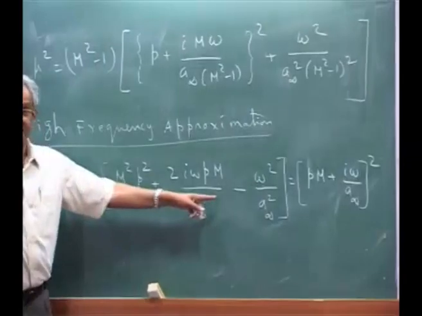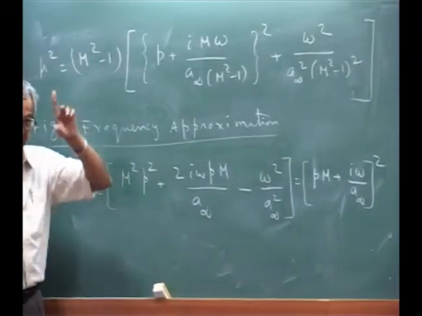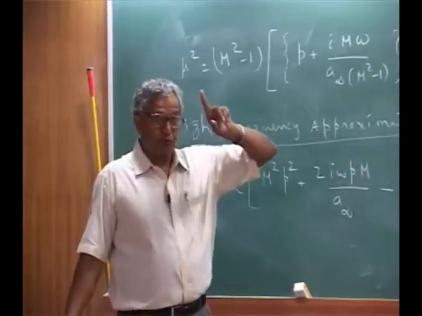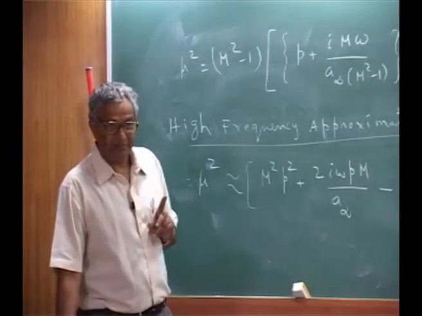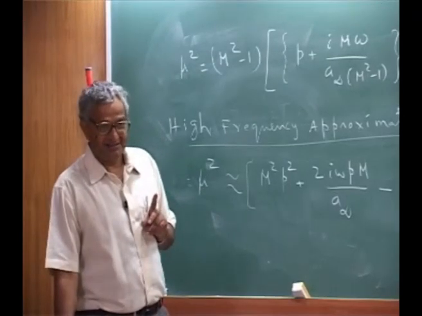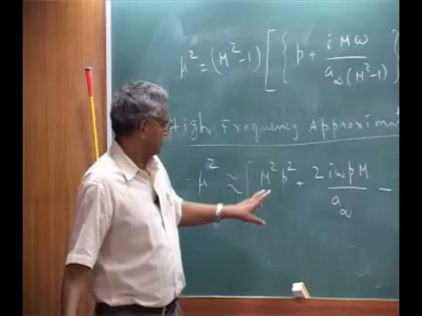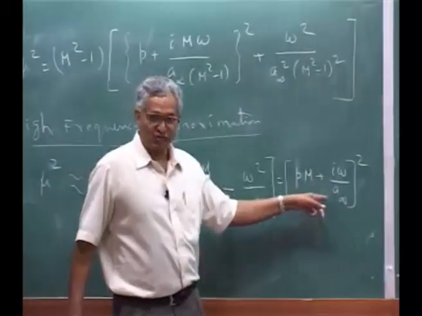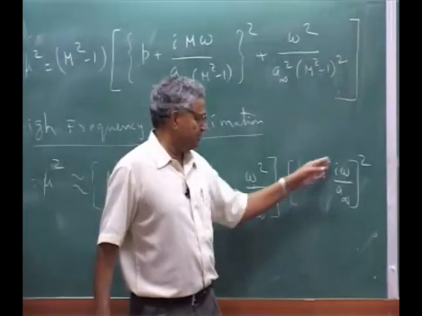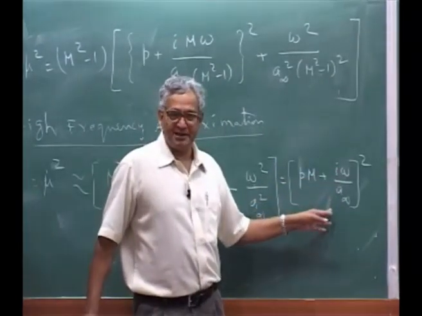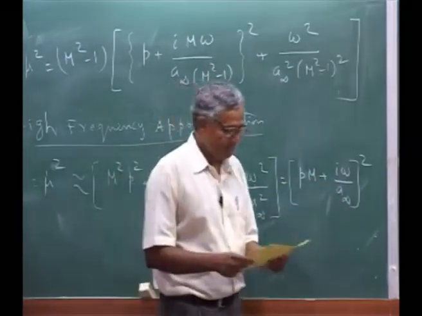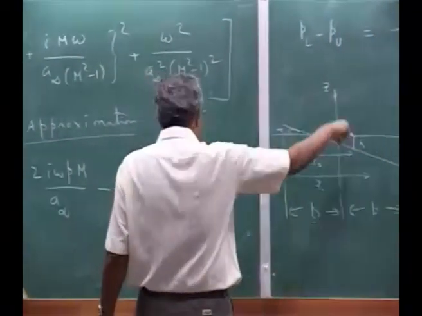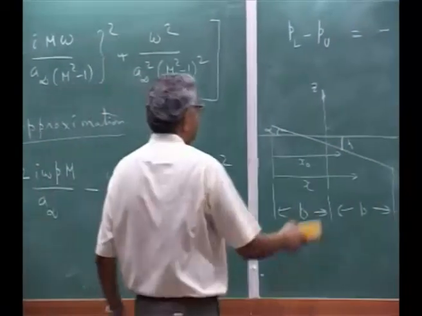This is the approximation I make. You look back at your original mu square expression. In that, make this. Now this is very simple, mu square. Then mu is Pm plus i omega over a infinity. Then again I erase this part.